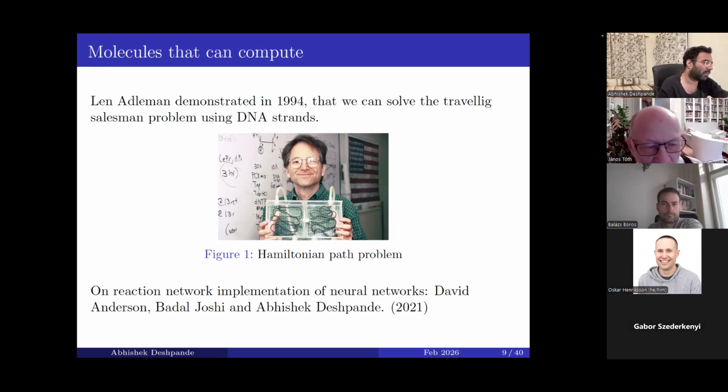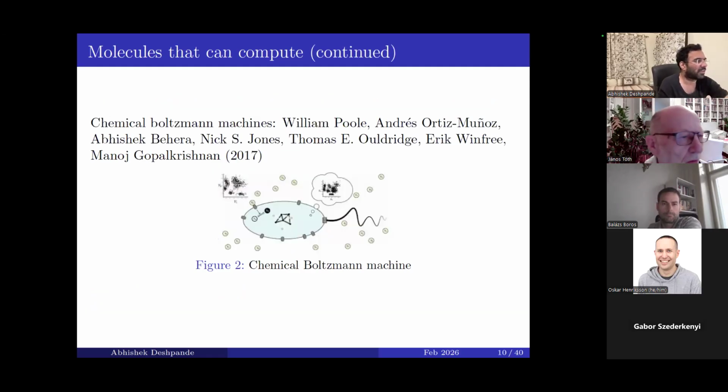And a recent paper of mine with David Anderson and Badal Joshi furthers this by using reaction networks to implement neural networks, the feed-forward part of neural networks, right? And there are also other works by Erik Winfree, William Poole, Andres Ortiz-Munoz, and Thomas Ouldridge, which have used reaction networks to build chemical Boltzmann machines, right?